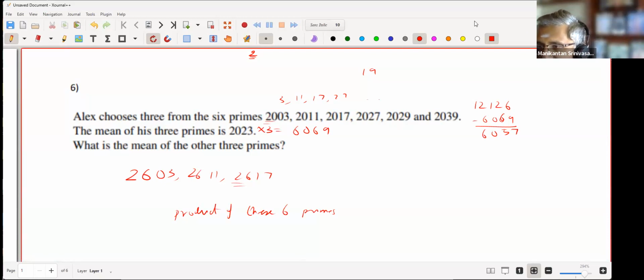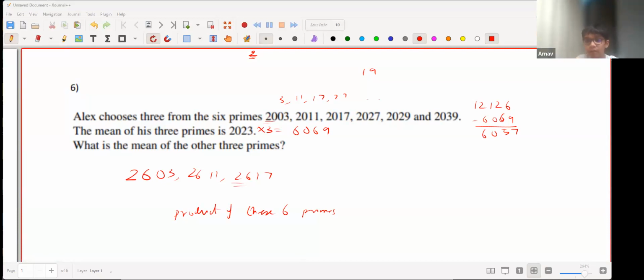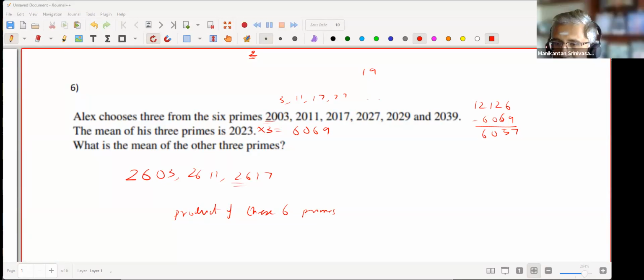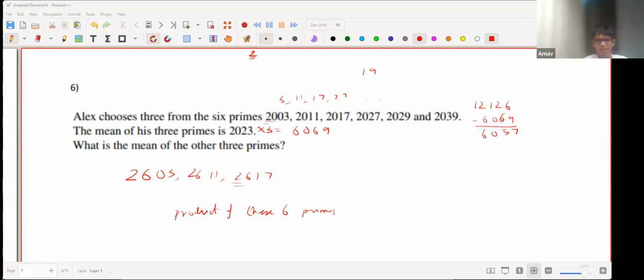Okay, all of you think about it for a minute or so. So factors or prime factors? Factors. So for example, 6 has 4 factors: 1, 2, 3, and 6. So 7 factors, right?